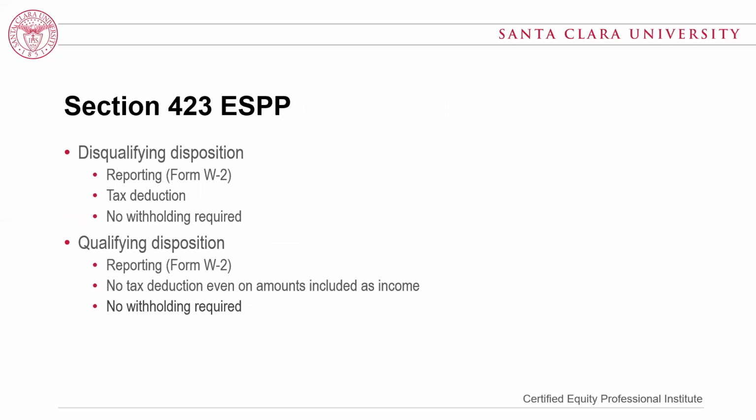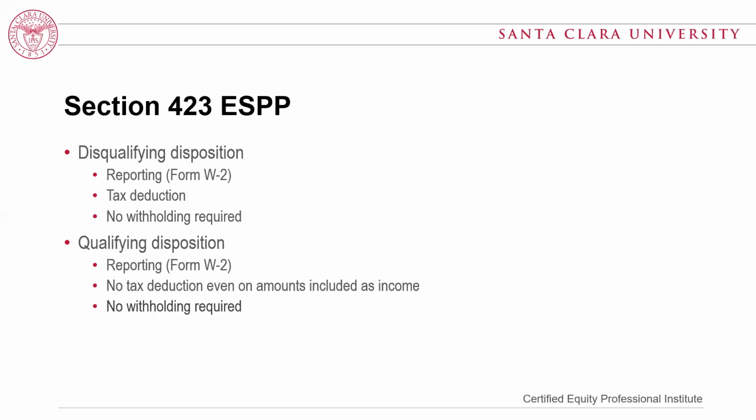And does the employer have any withholding or reporting obligations? There are some, but not as much as for grants that are not tax qualified. The company must report the ordinary income, which will occur in either a qualifying or a disqualifying disposition, on the employee's Form W-2.